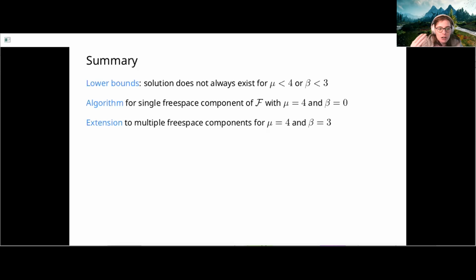If we are lucky enough to only have a single free space component in our construction, then we can simply forget about beta and make it 0. But if we have multiple free space components, then we can show that there is always a solution for mu equals 4 and beta equals 3, and we can find such a solution.